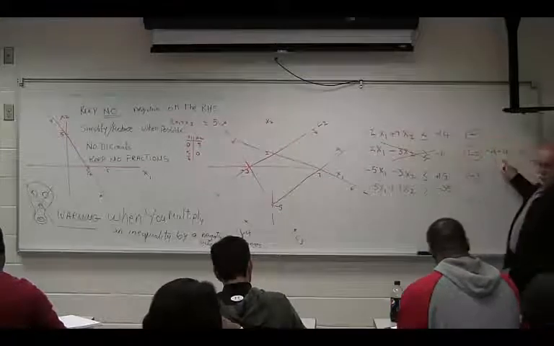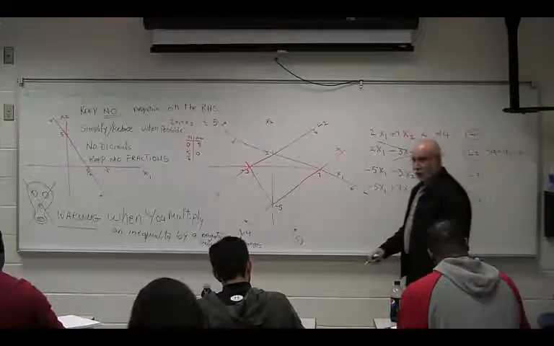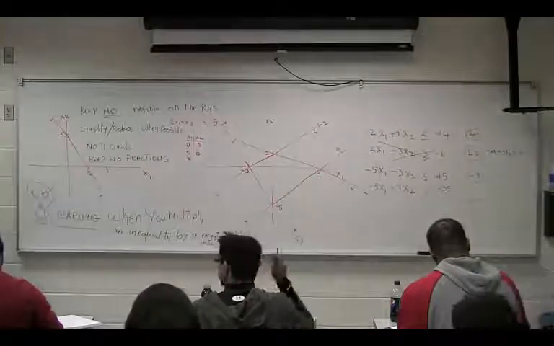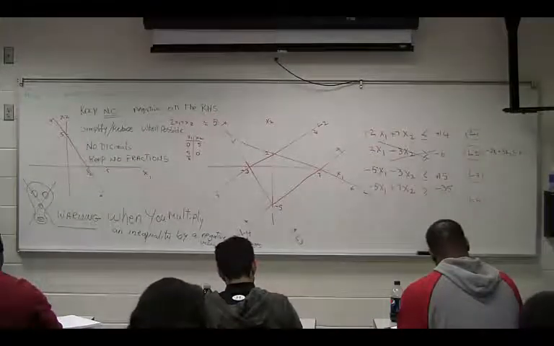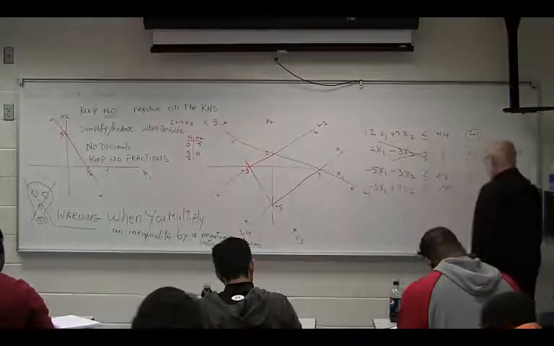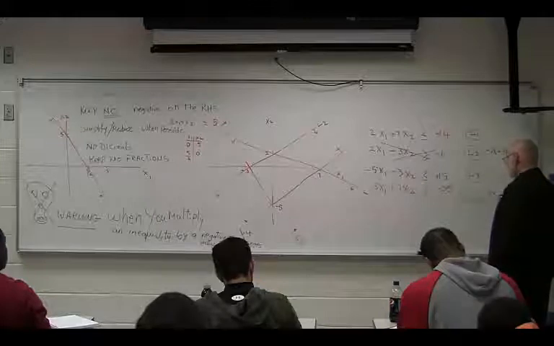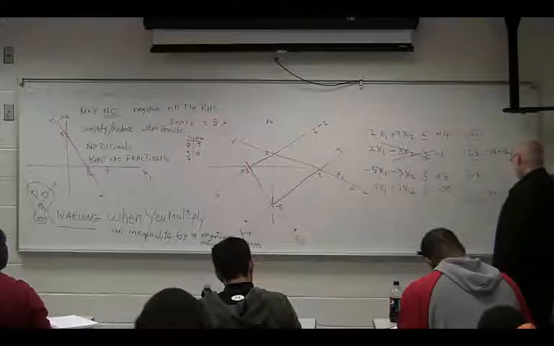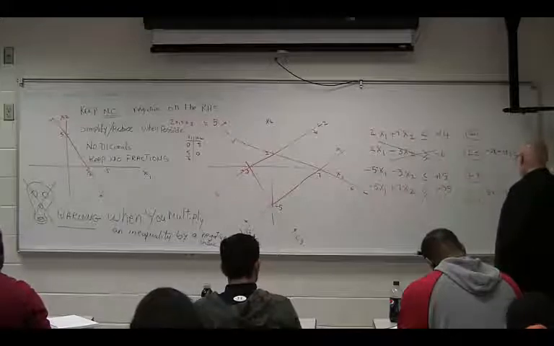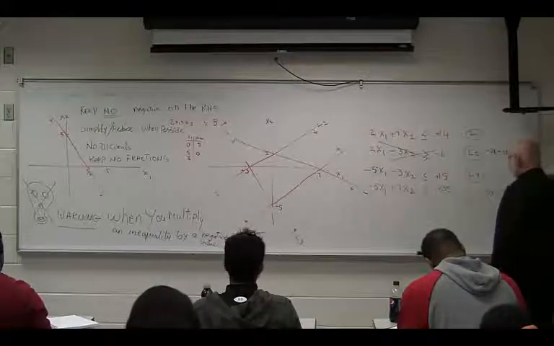This is what I report. What else? Anything else I have to do? You have to do the same thing for line 4, which is 5x1 minus 7x2 less than or equal to 35.